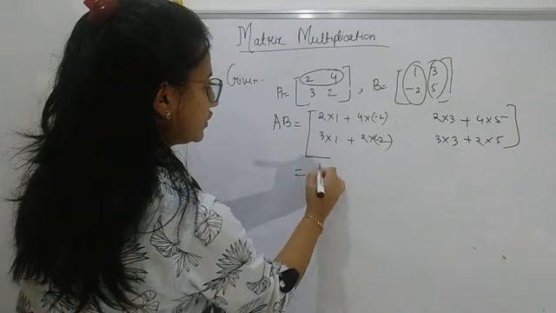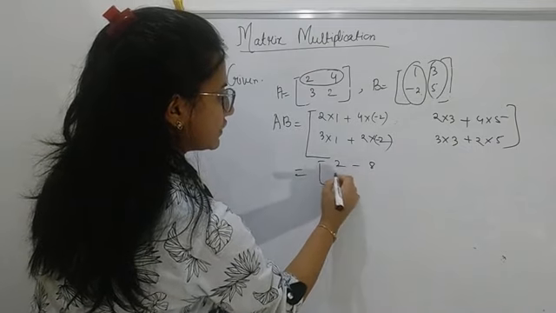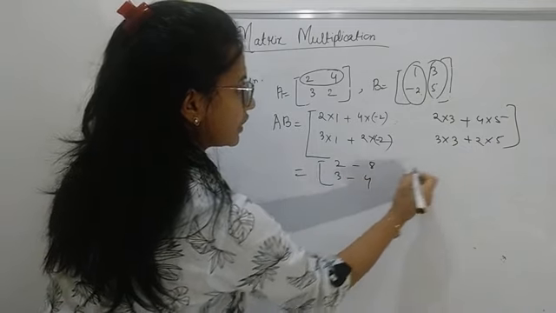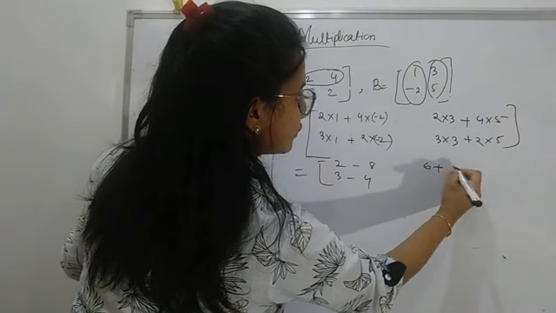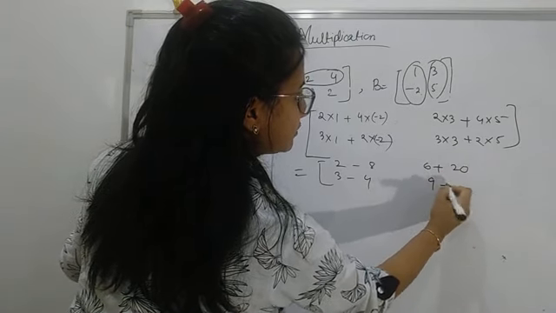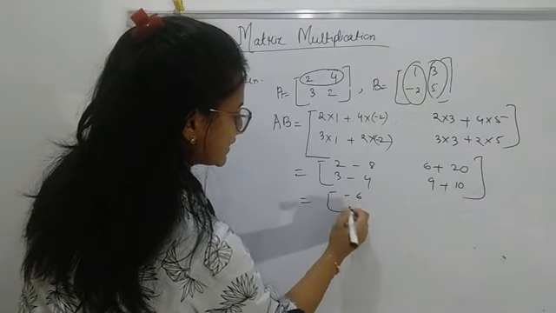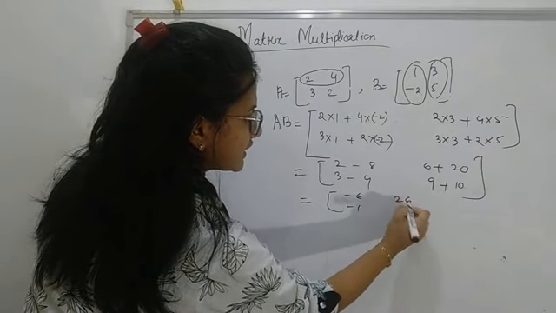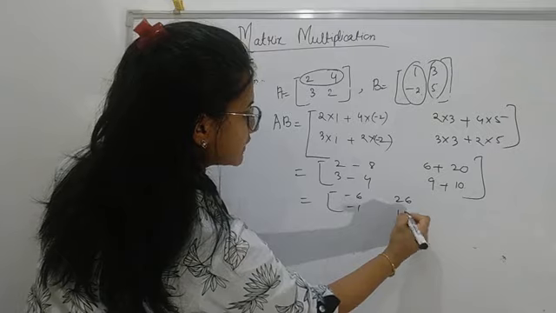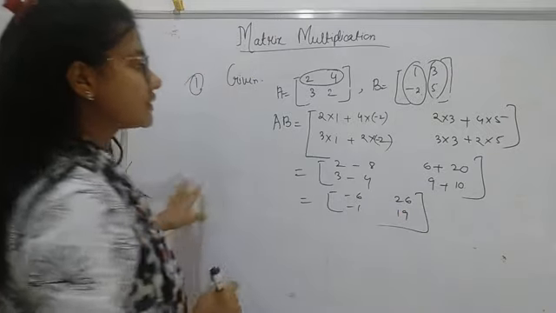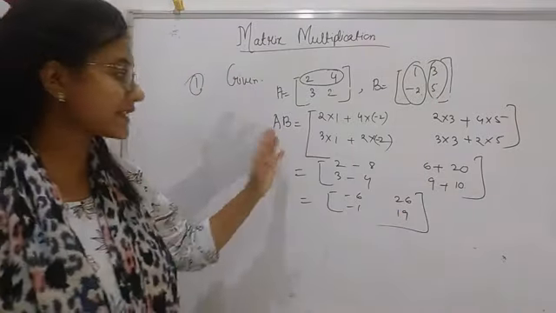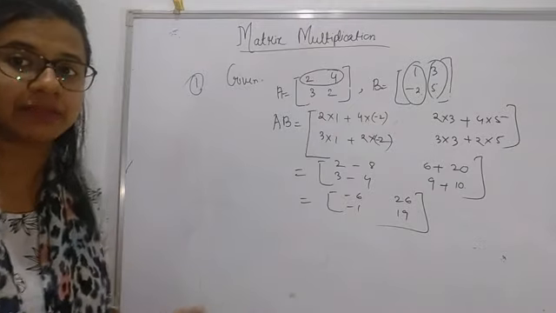So what will be the value? 2 minus 8, 3 minus 4. 3 twos are 6 plus 5 fours are 20, 3 threes are 9 plus 5 twos are 10. So minus 6, minus 2, 26. This is 10 plus 9, which is 19. So this is the result of the matrix AB. This is the matrix multiplication.